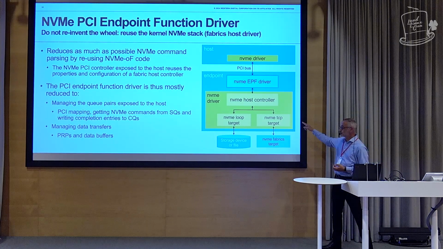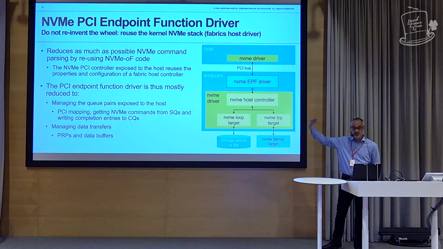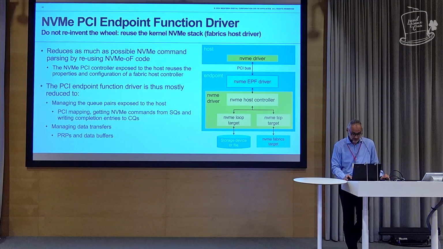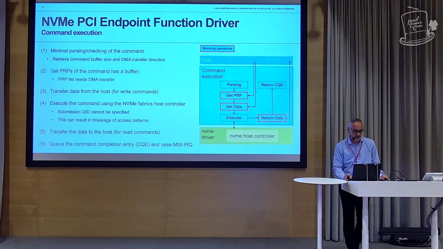You can also use the network to go NVMe TCP to another machine. That also works perfectly well. Anything, again, that the Fabrics controller supports will be exposed through PCIe. That's what the function driver does.